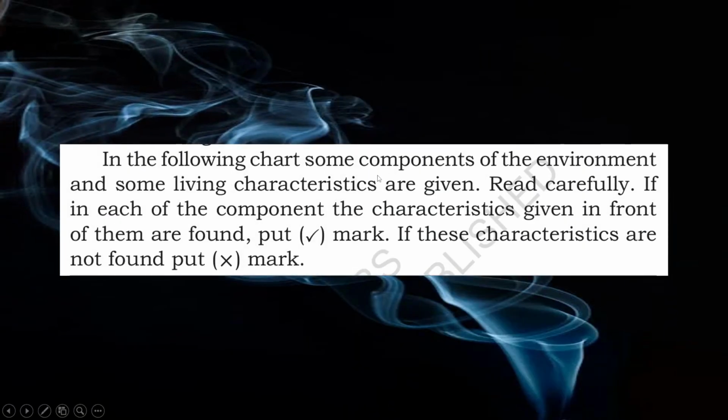In the following chart, some components of the environment and some living characteristics are given. Read carefully. If in each of the components the characteristics given in front of them are found, put a right mark. If these characteristics are not found, put a wrong mark.